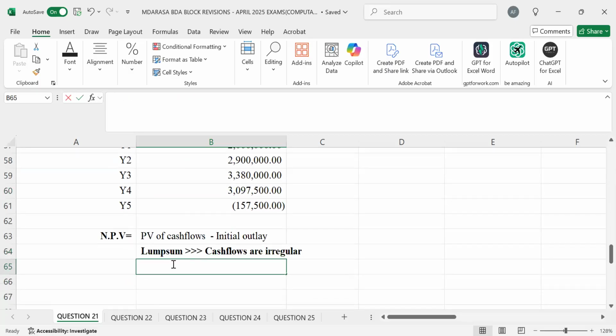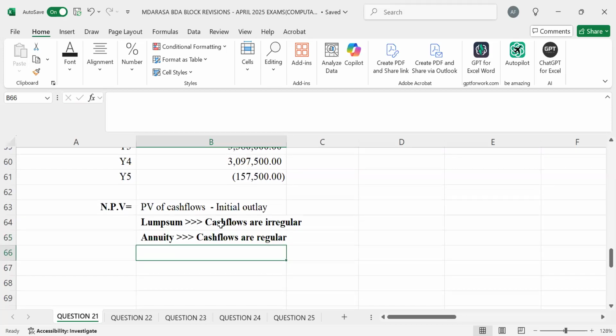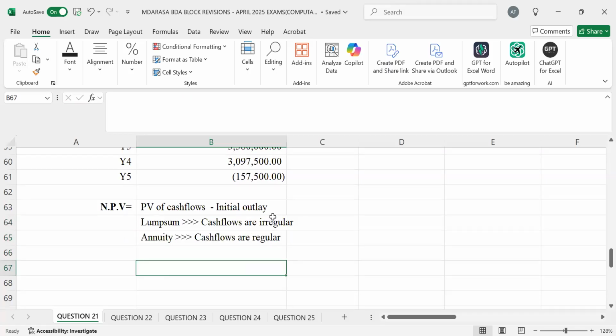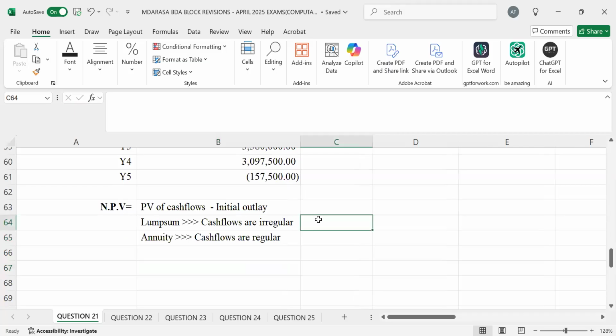We're going to consider the annuity concept when our cash flows are regular, meaning that they are equal. So in this context, we must have a discount factor. We must have a discount rate to use.